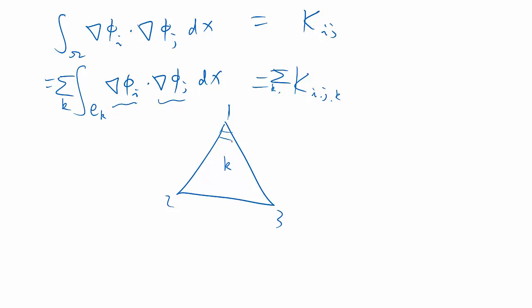So let's calculate what the gradients are for each of the basis functions. For the basis function that is 1 here and 0 elsewhere, we can calculate the gradient like this.